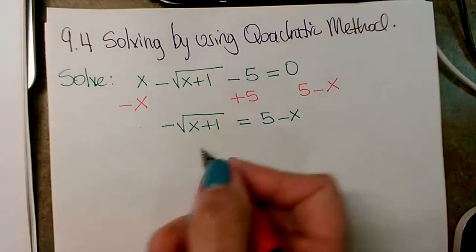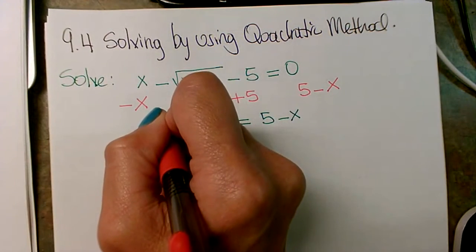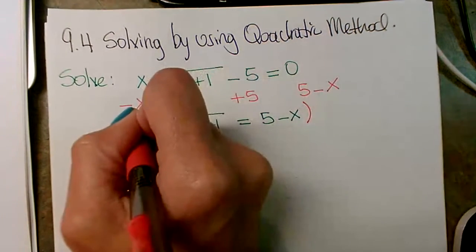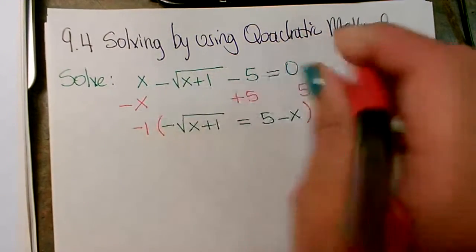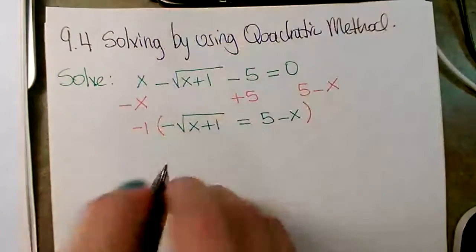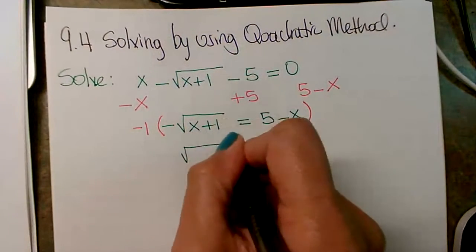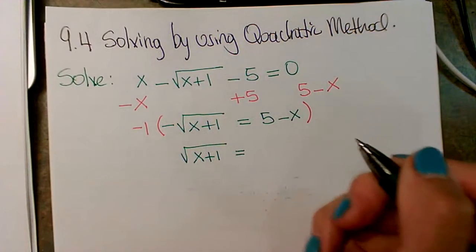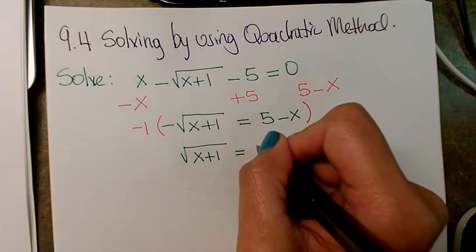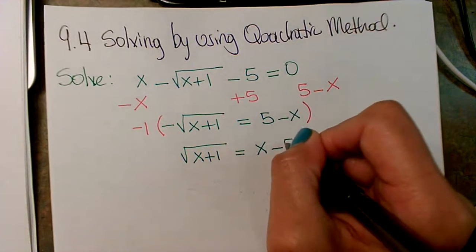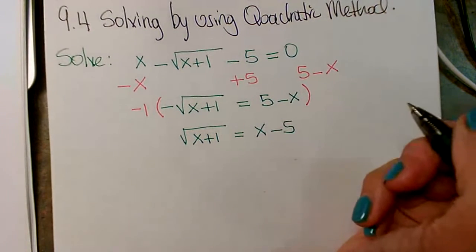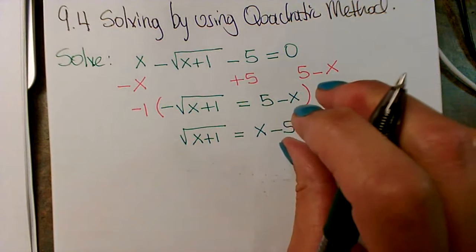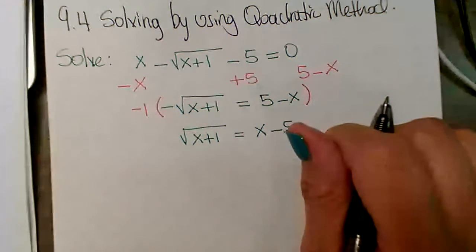I don't want this negative in front of that. So I'm going to multiply the whole equation by -1. The x becomes positive and the 5 becomes negative. Now I'm going to square both sides.